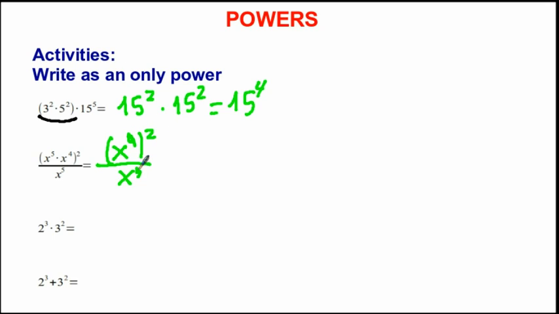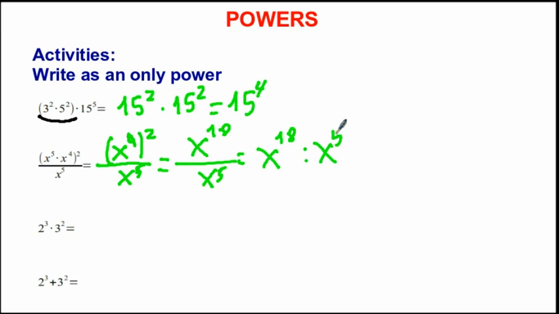And this 9 to the power 2, and here x to the power 5. What do we have to do when there is a double power? Well, we have to multiply. So x to the power 9 multiplied by 2 is 18, and here is 5. But, as I told you before, it is a division. x to the power 18 divided by x to the power 5.